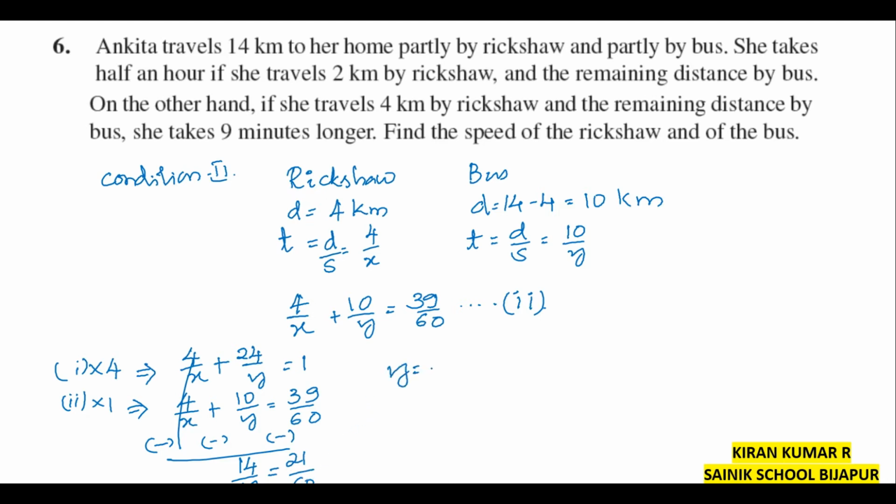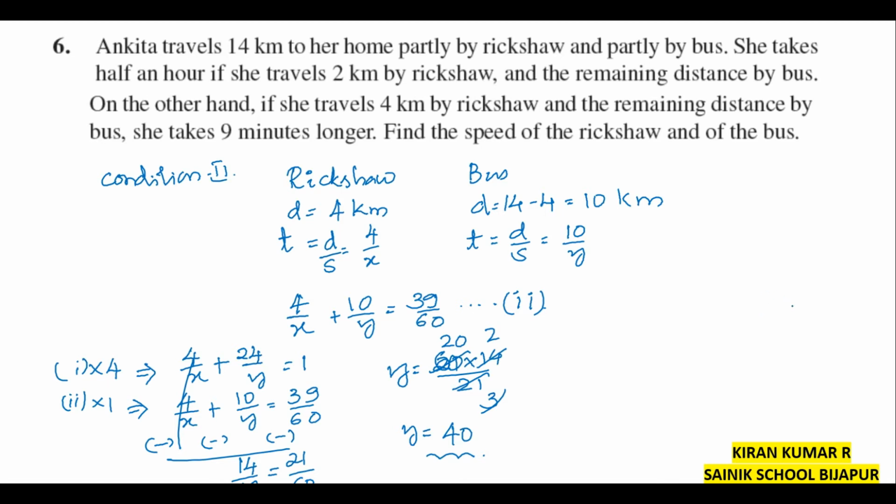To find y, you have to cross multiply, it becomes 21y equal to 60 multiplied by 14. Dividing by 21, 7 threes are 21, 7 twos are 14, so 20 times 2, we get the value of y as 40.